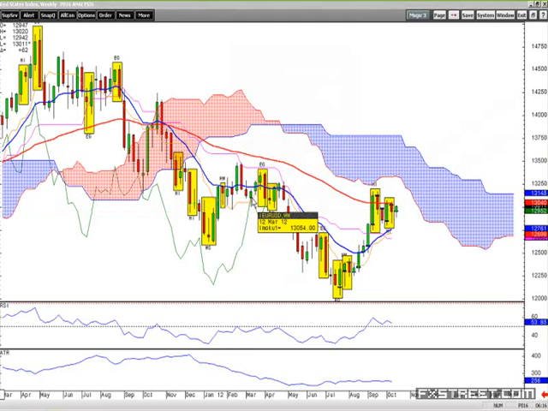I should say to the guys that haven't been to one of the webinars before, on the chart formations I have an Ichimoku cloud, which I only really use off dailies and weekly chart formations. These are CQG charts. The yellow boxes highlight to me different chart patterns, engulfing, Morningstar formations, etc.